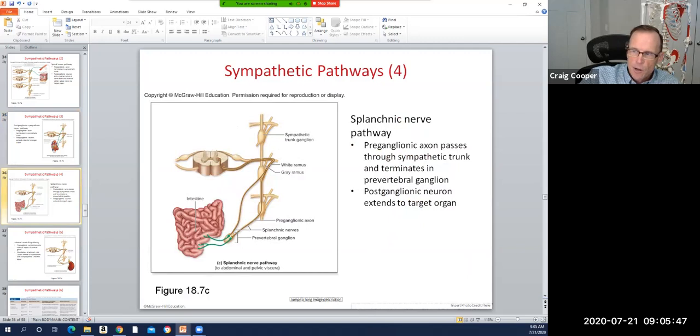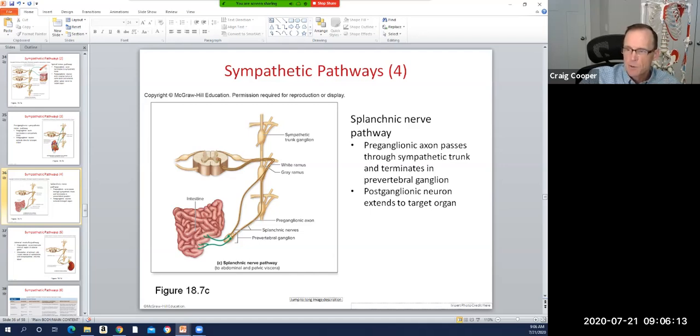So we've got our neuron here in the spinal cord in that lateral horn. The axon goes out. It has to pass through where all those ganglia are, but it doesn't stop. There's no synapse there. So that axon keeps going, and then it's going to synapse in a ganglia that is a little bit away from that sympathetic chain, from where that trunk of linked ganglia are.